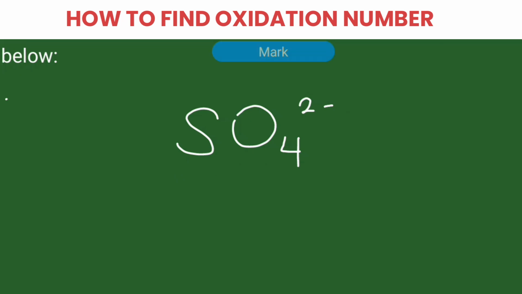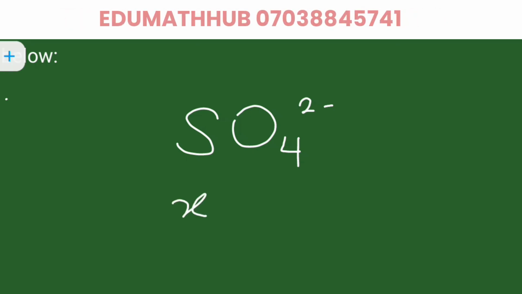The oxidation number of oxygen is -2, so you're looking for the one for sulfur. Let's use a letter to represent the one for sulfur. Let us say X. So I'm going to say X plus the number of oxygen, -2, times this 4 here.